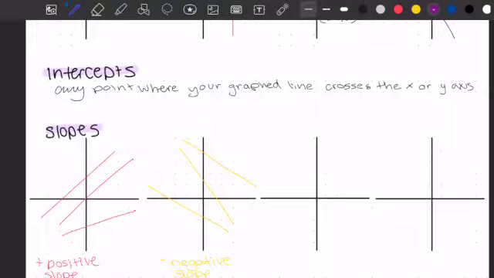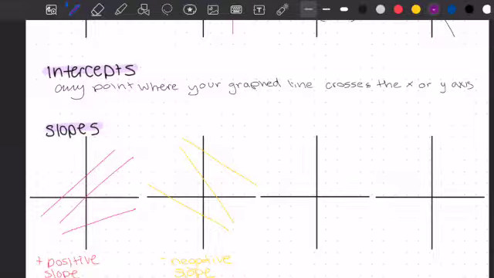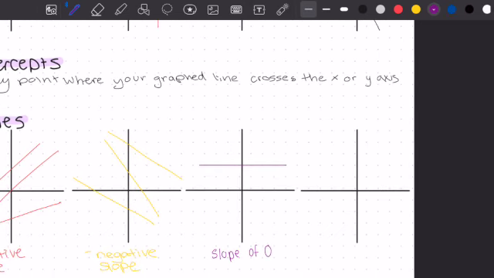Negative slope. There are 2 other things, and we looked at them briefly above when we were talking about intercepts. Something that goes straight across has no slope, or a slope of 0. And something that goes straight up and down has an undefined slope.